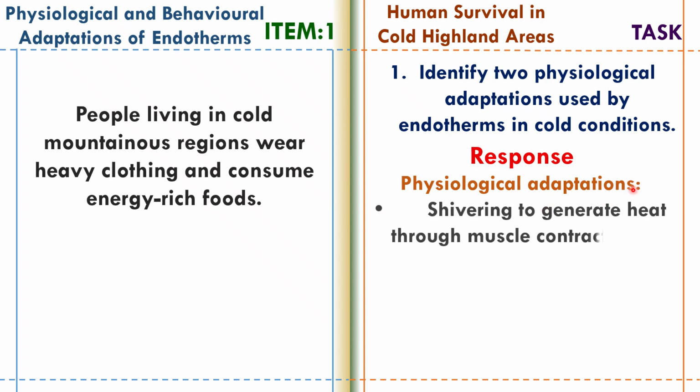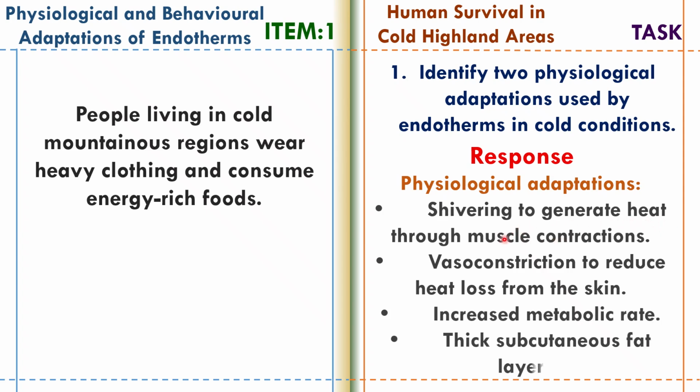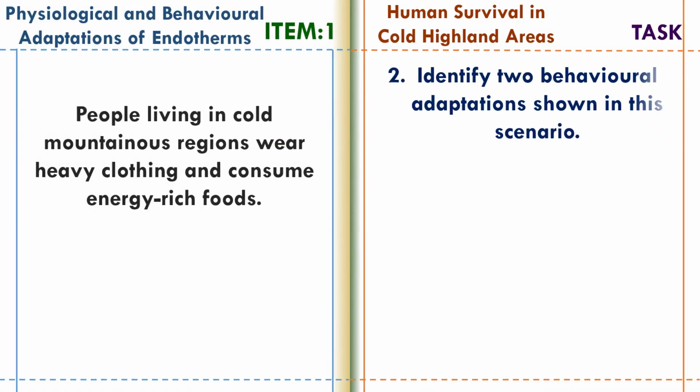Physiological adaptations include shivering to generate heat through muscle contractions, vasoconstriction to reduce heat loss from the skin, increased metabolic rate, and thick subcutaneous fat layer. Identify 2 behavioral adaptations shown in this scenario.